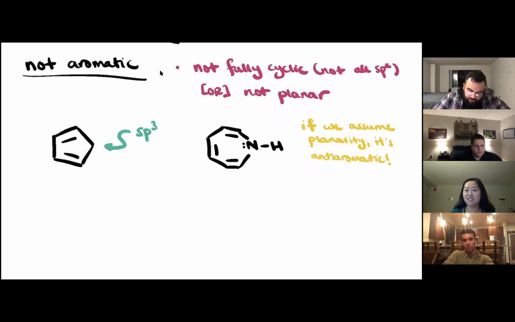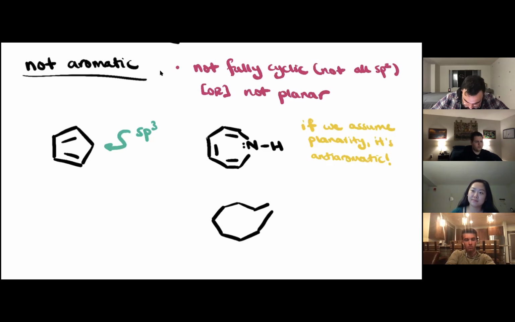And let me show you why. So trying my best with this drawing. 1, 2, 3, 4, 5. I drew an 8-membered ring instead. Okay, not a great drawing, but good enough.